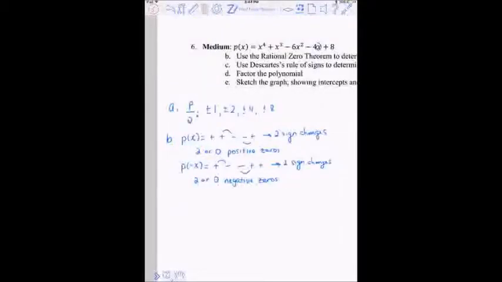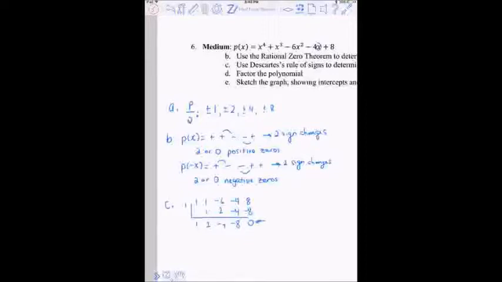Now starting part C, we've got to factor the polynomial. And these are my possible zeros right there. So again, I'm going to just start at the beginning and test positive 1. And we have a remainder of 0.